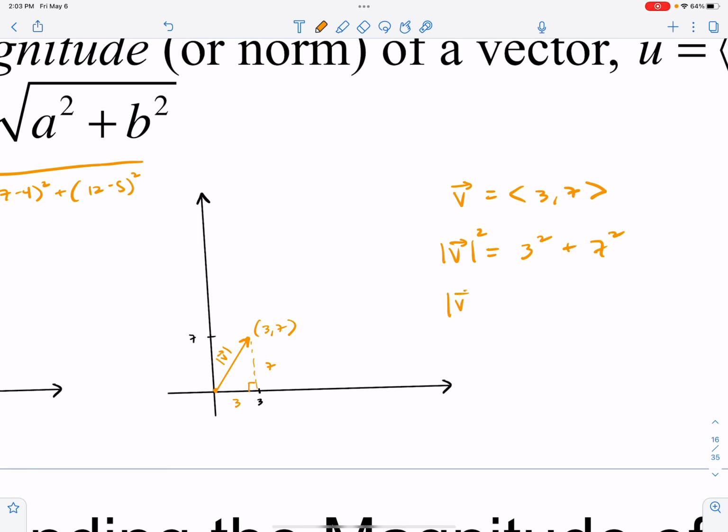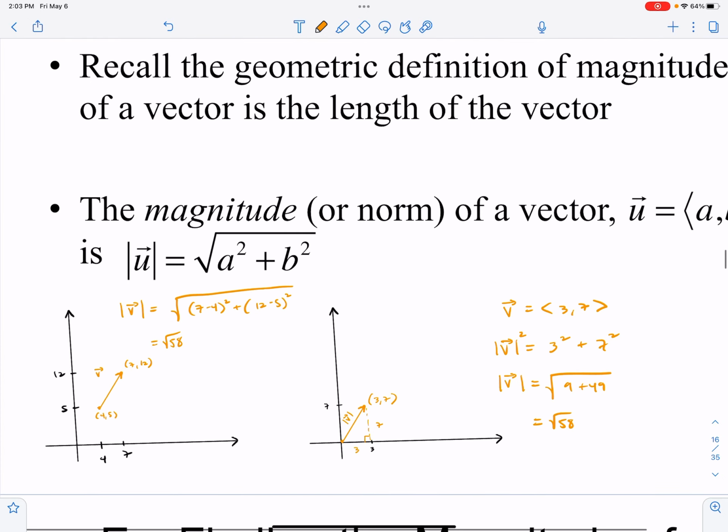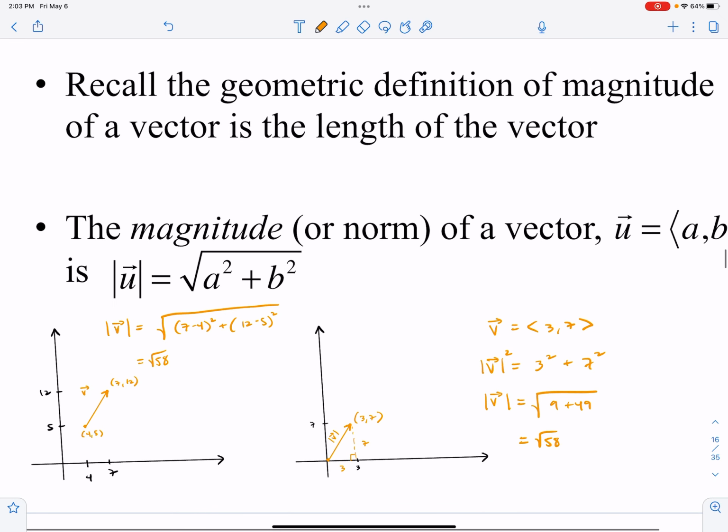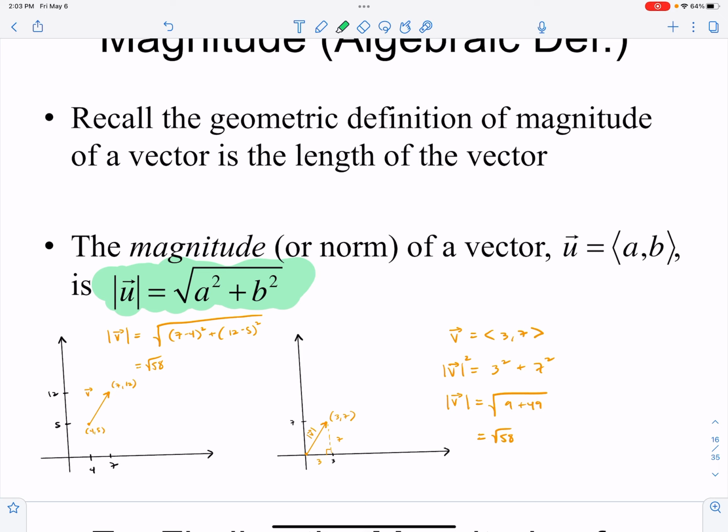So the magnitude of the vector v would be the square root of 3 squared plus 7 squared, so 9 plus 49, which is the square root of 58. So if the vector is in standard position, you can just think about using this formula, which you guys are familiar with, Pythagorean theorem. Or you could think about if the vector is not in standard position and you don't want to think about what those horizontal and vertical components would be for standard position, just using distance formula.